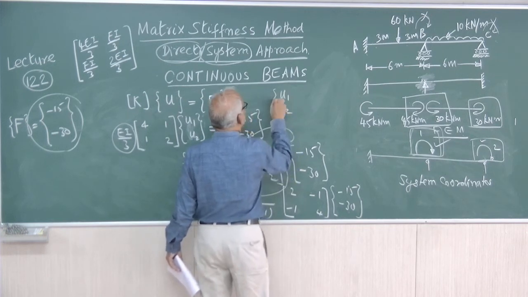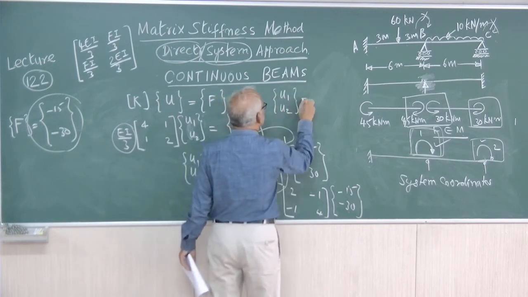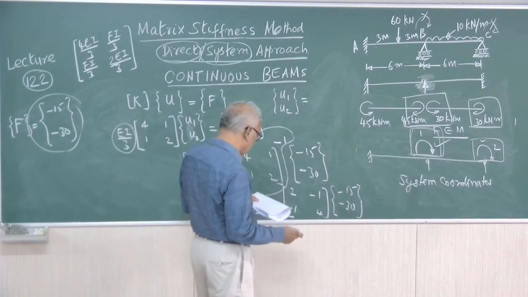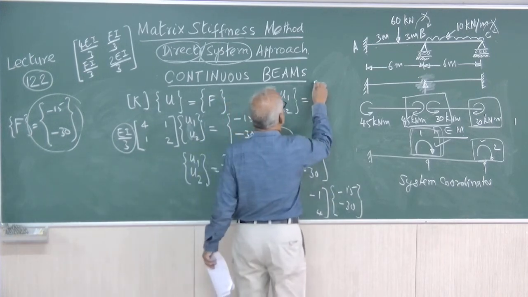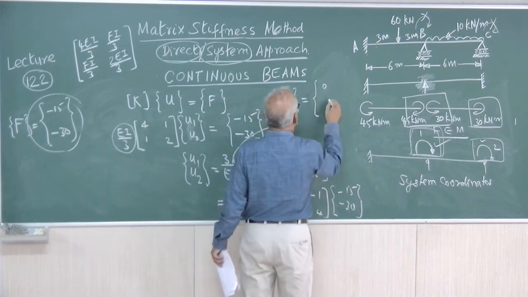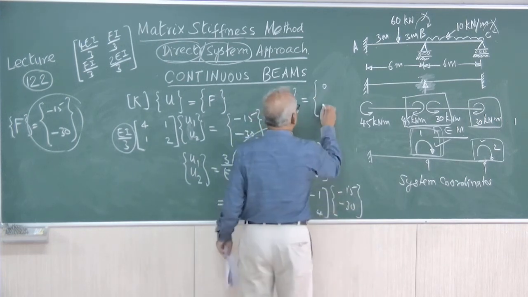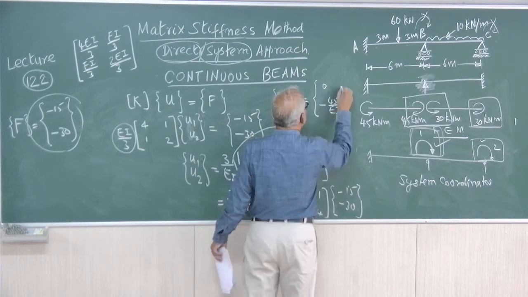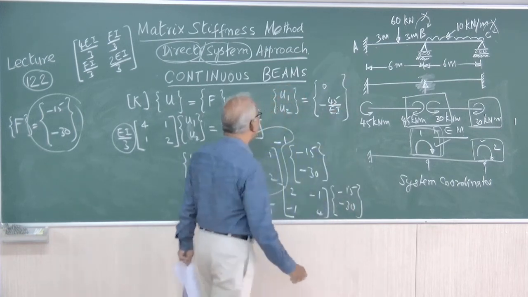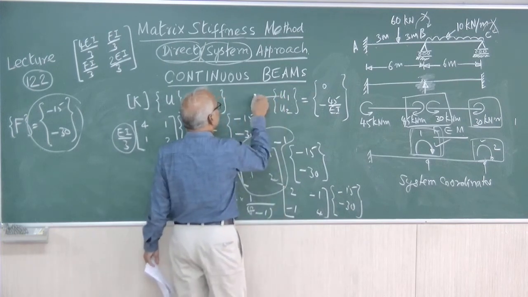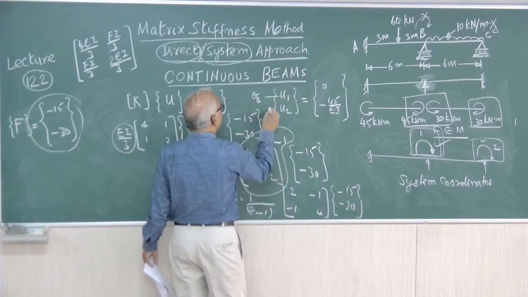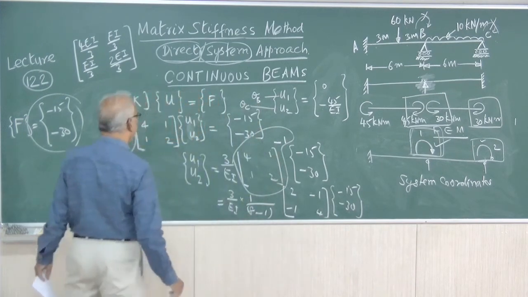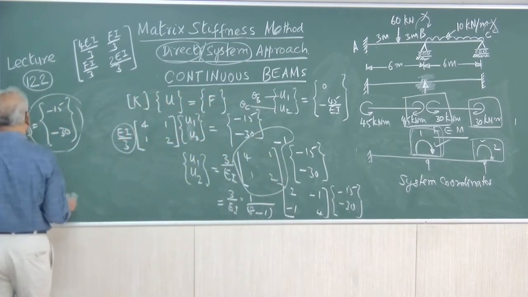After simplification, we get U1 equal to 0 and U2 equal to minus 45 by EI. So, that means theta B will be 0 and theta C is minus 45 by EI. They are the displacements.